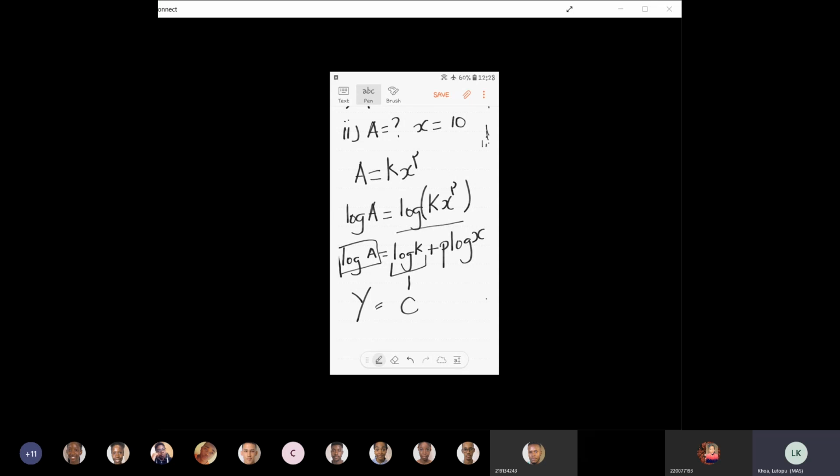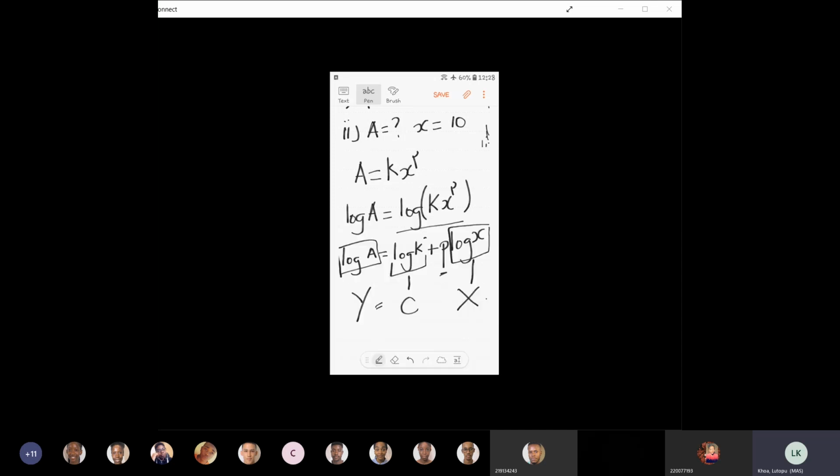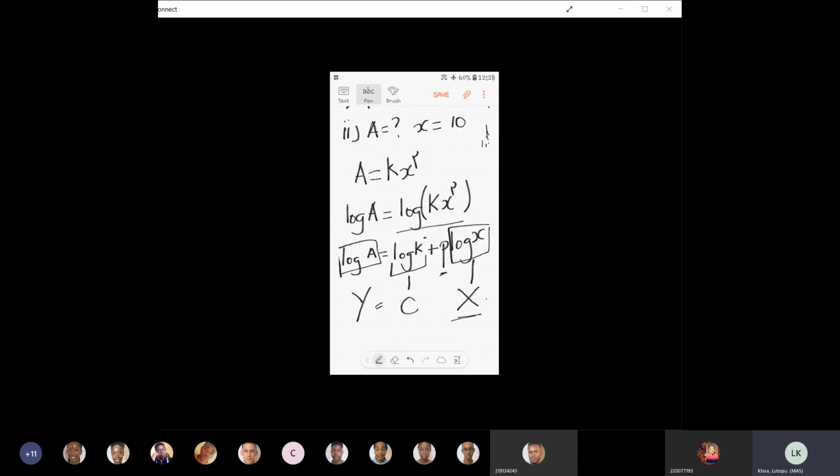I equate the intercept to log K. And log X is a function of X, so that will become my x-axis. P is the one multiplying the function of X. Whatever is multiplying your function of X, as long as it doesn't have an X, is your m, your gradient.